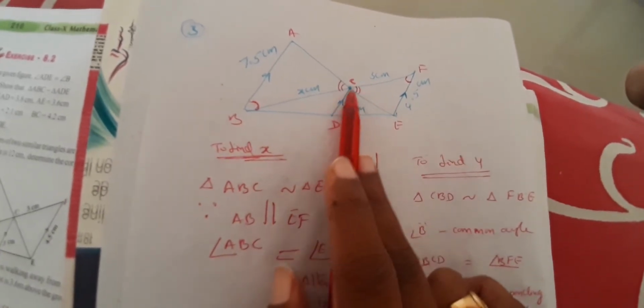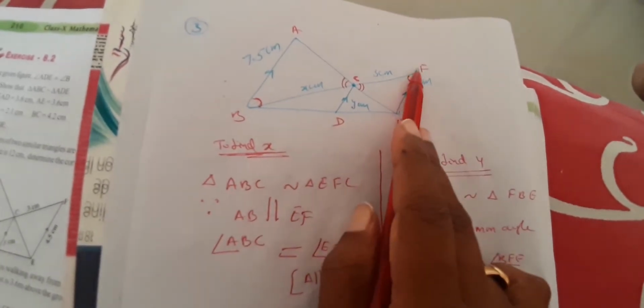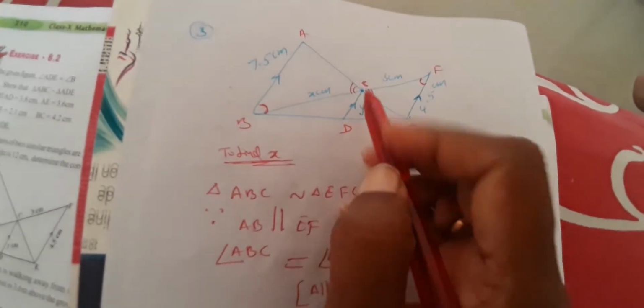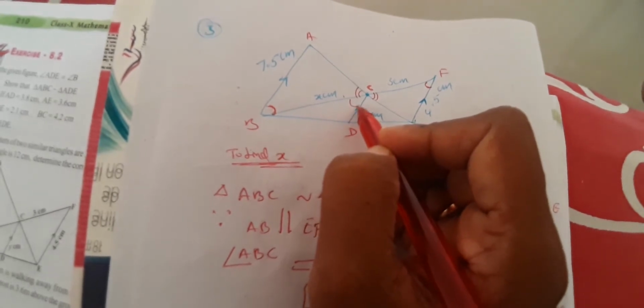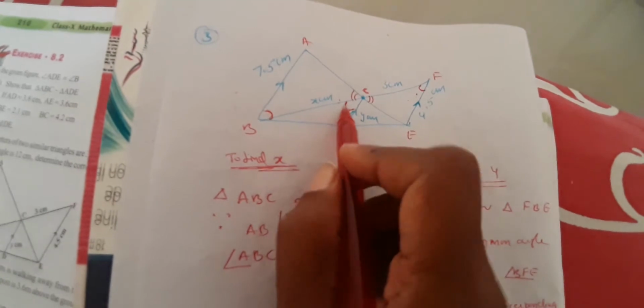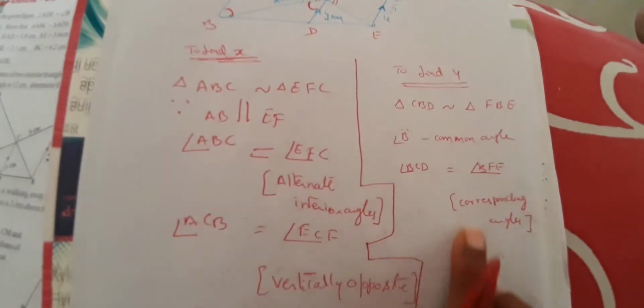Why? Because these two are parallel lines and this serves as a transversal. This angle is equal to this angle. Corresponding angles. These two are corresponding angles. So therefore, that is what I have written the conclusions here.